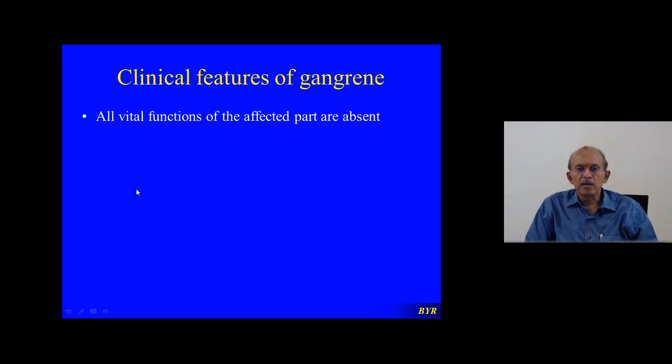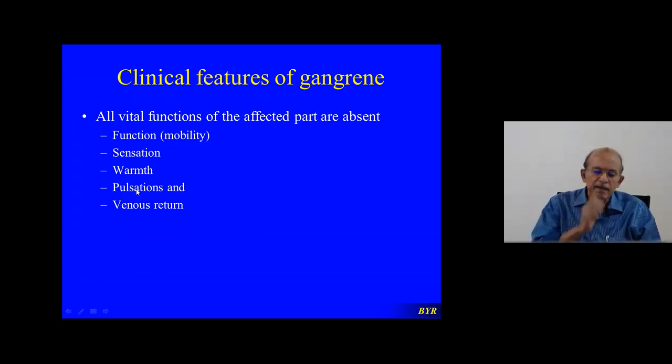Clinical features of gangrene: there is death of tissue. Death of tissue means there is no function of the tissues. So what is the normal function of the tissue? Mobility, sensation, warmth, pulsation, and venous return. These will be absent in the affected area.